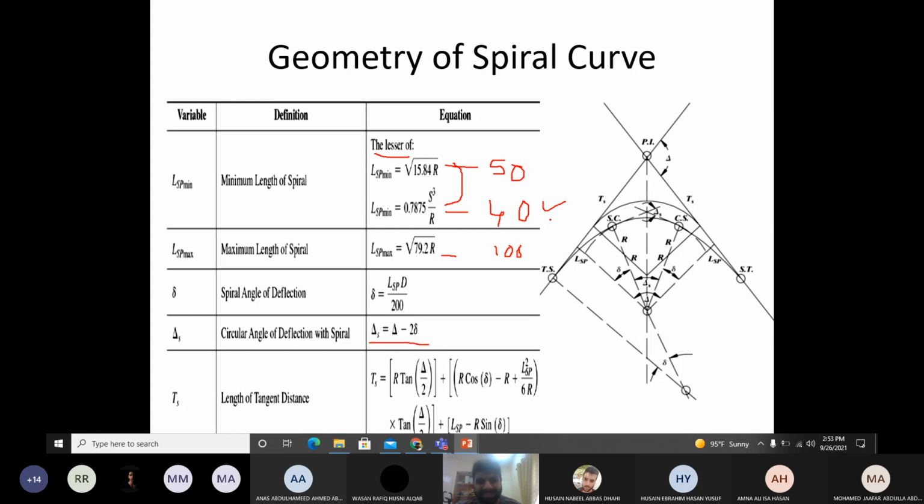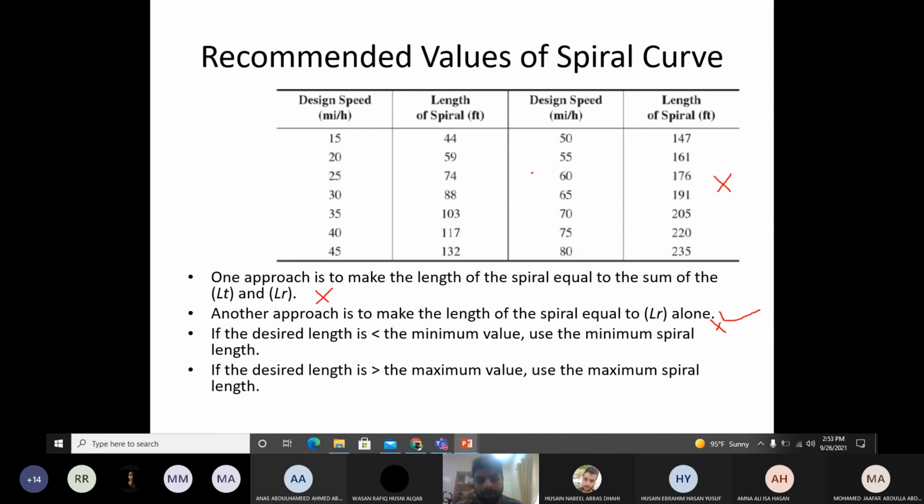The point is, any value you select, either from the table, or LT plus LR, or only LR, should be in the range. If all of them are in the range, it's totally your decision. If all of them are out of the range, then again, select any value within the range. If any one of them is in the range, then select that value. Simple. Got it?